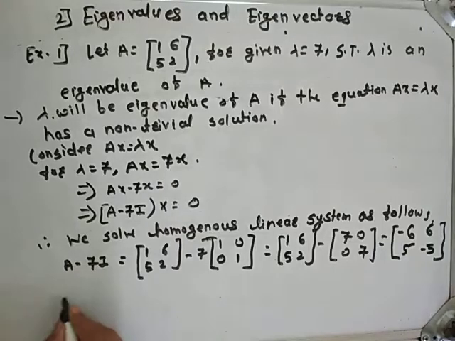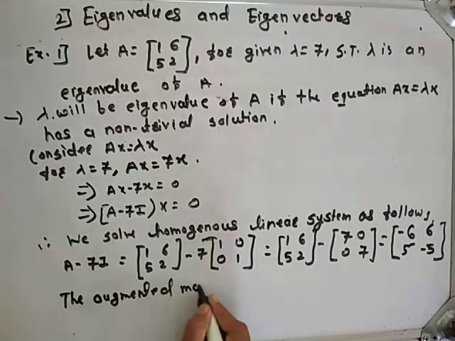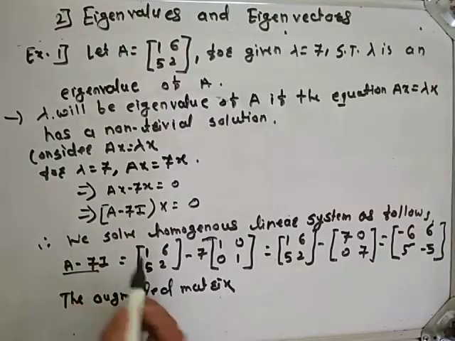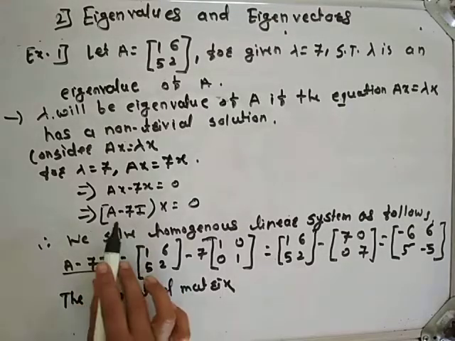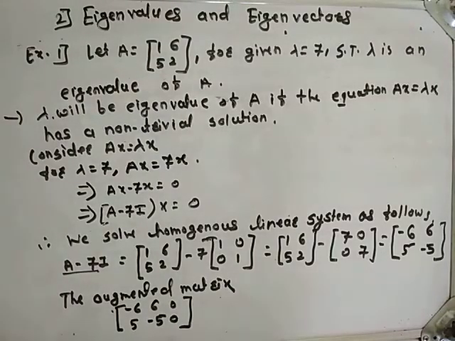The augmented matrix for this system A minus 7I is minus 6 6 0, 5 minus 5 0.